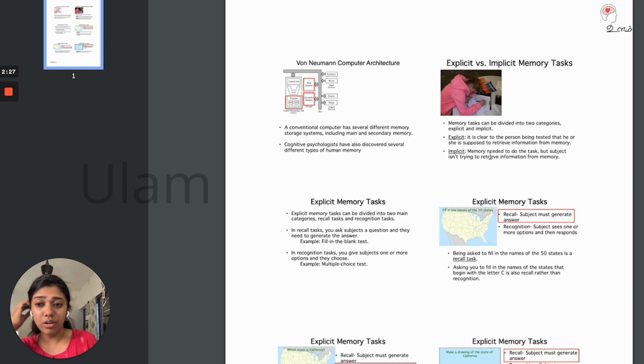If I have to give a real life example, if you have to write a theory, it's a very explicit memory. You have to remember the entire theory. Or let's take the example of theorems in math. You can't include or exclude any steps other than what is in the textbook. Whereas implicit memory is something like an application-oriented answer, like case studies.